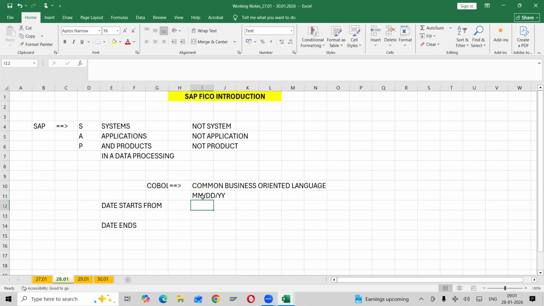So the date starts from 01, 01, 01 and it ends with 99, 99, 99. Clear? So from the starting onwards, from 1920, 30, 70, 90, everyone was using it.